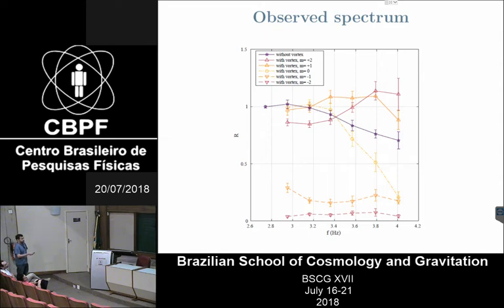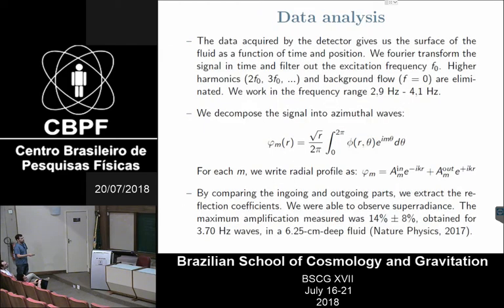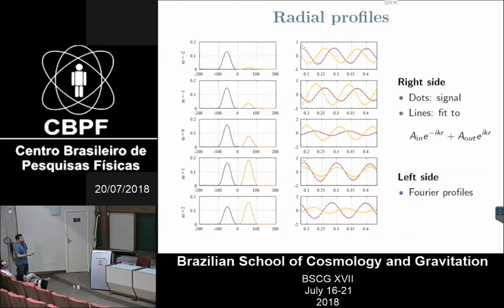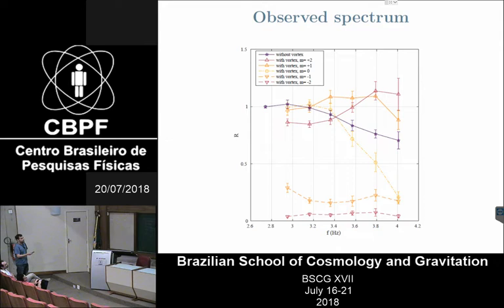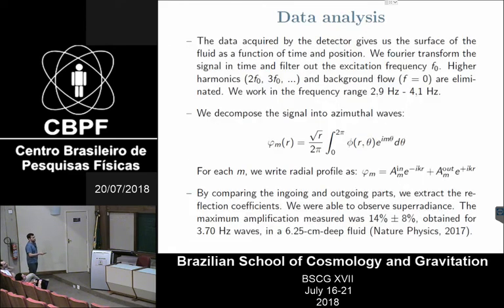When I mentioned the numbers 14 plus or minus 8%, we were getting the peak and dividing by 1, assuming that this line was at 1. But if you consider that you have this dissipation, then the amplification is even bigger. So we may be able to claim that the numbers are bigger than this.